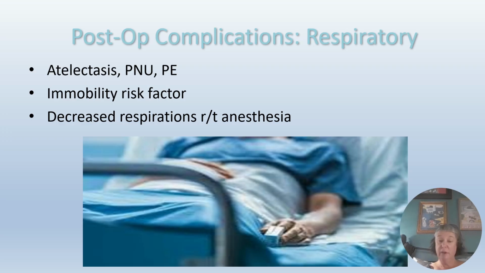We run the risk of a pulmonary embolus. We want our person doing deep breathing, coughing, and incentive spirometer. We want them up and moving. Remember that our first sign of hypoxia is restlessness and anxiety. Pulmonary embolus, you're going to see difficulty breathing, and possibly chest pain with that.